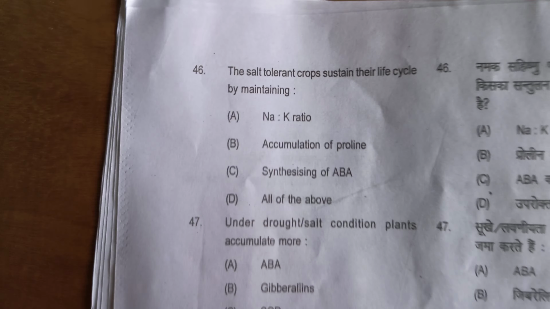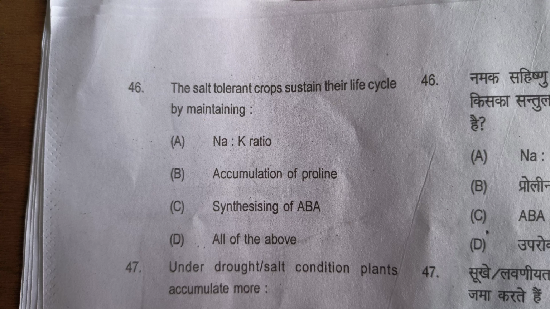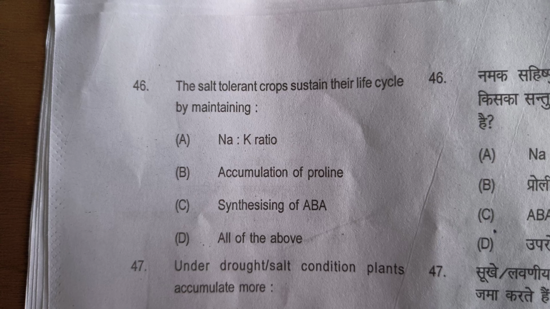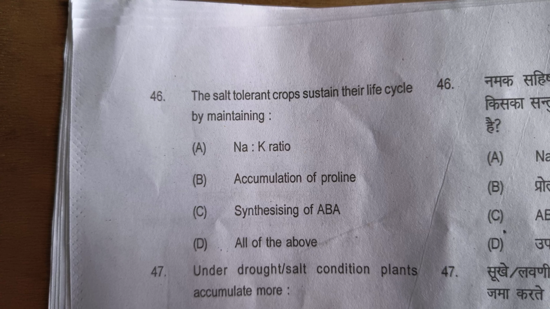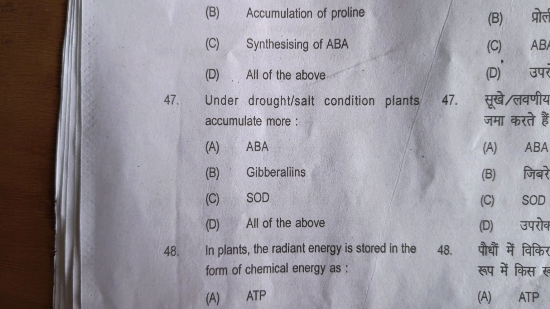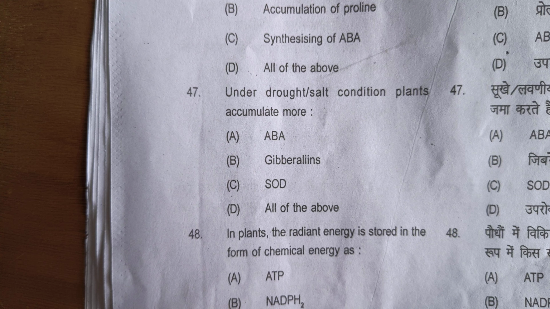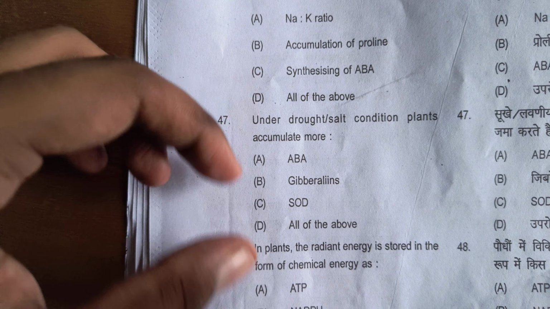Next question. The salt tolerant crop sustains its life cycle by maintaining. The option is not found, comment down in the comment box. Next, under drought or salt stress, plants accumulate more. For these two questions the answer is not found.